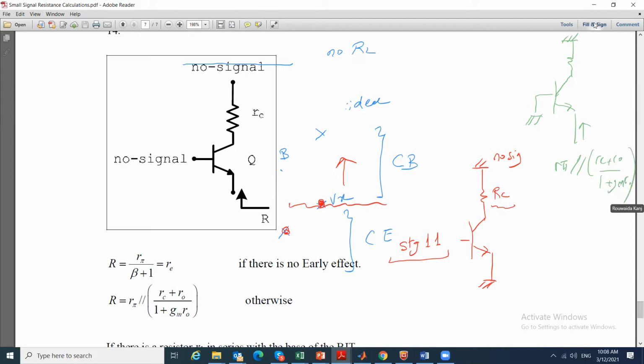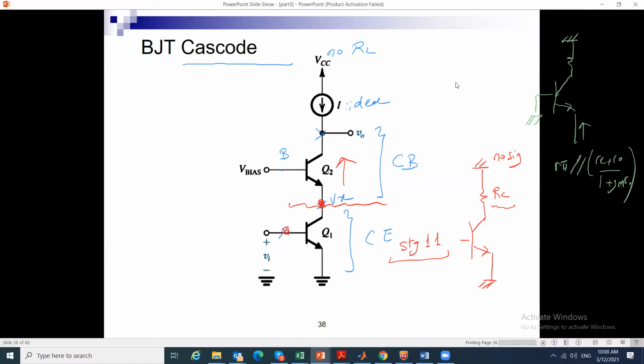Okay, so now I can flip back to my circuit, and I want to find the effective resistance looking up into this. So this is my Q2, okay?